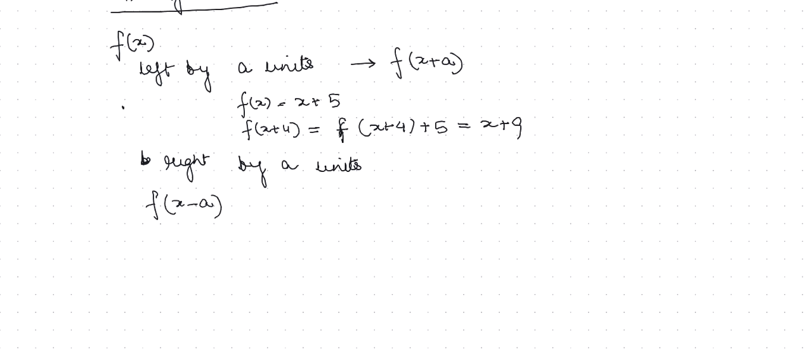If it moves right by a units, we write it as f(x - a). Suppose f(x) is x + 5, and if it moves right by 4, it would be (x - 4) + 5. So wherever there was x, we write it as x - 4, and then + 5.